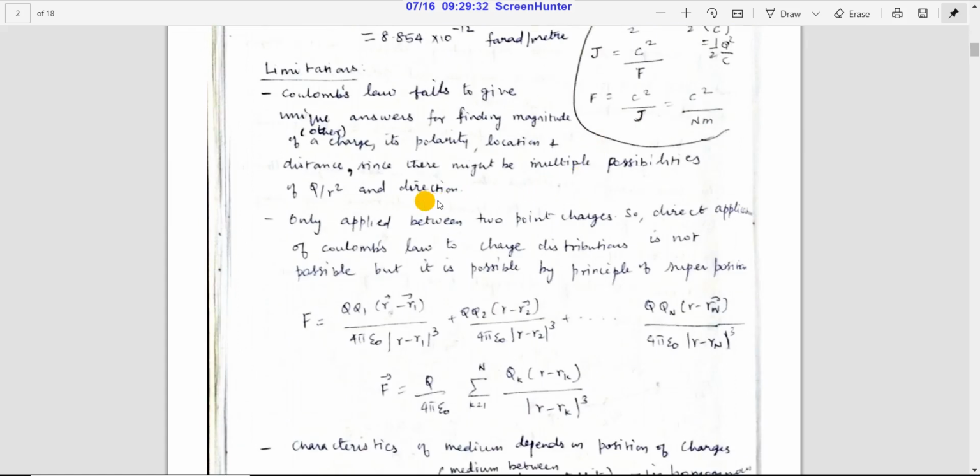Also, if you want to find the distance, polarity, and location, it will give wrong answers.